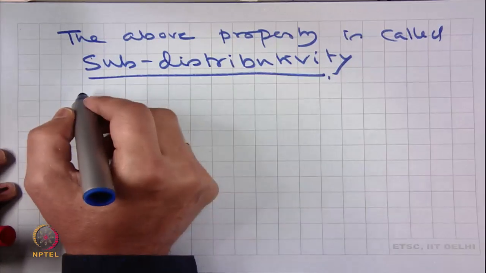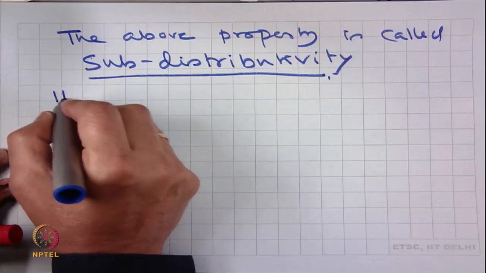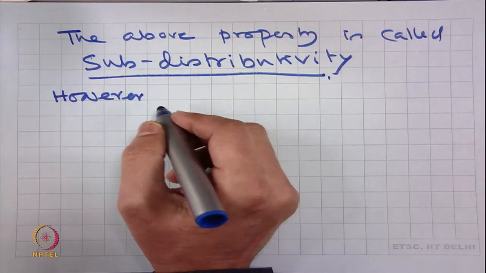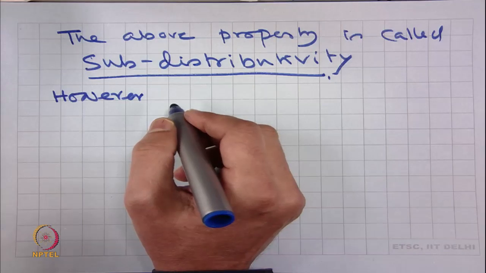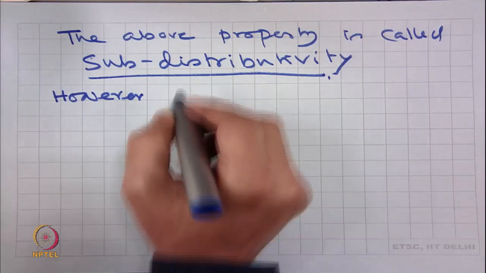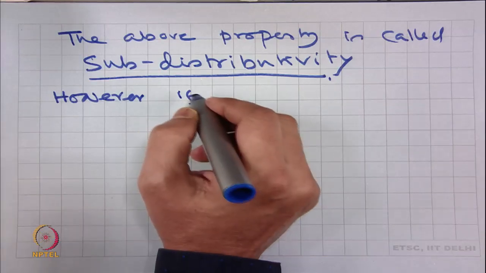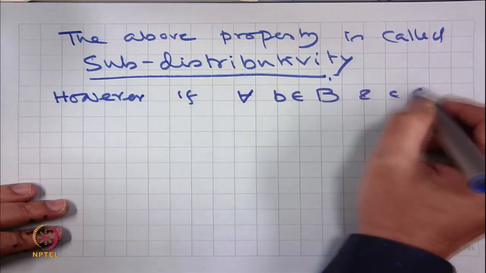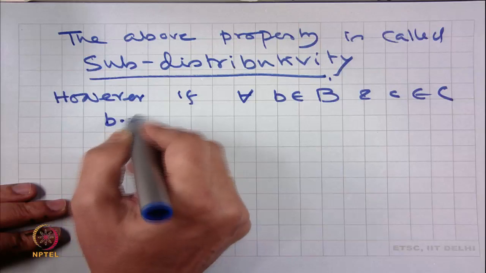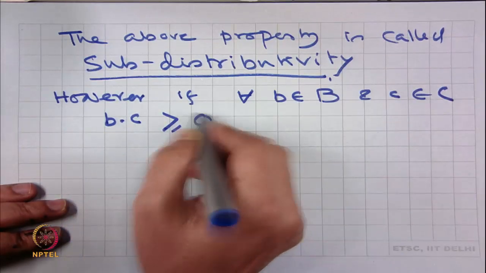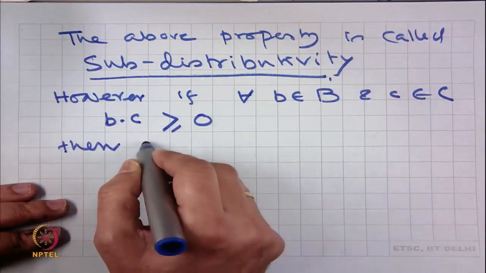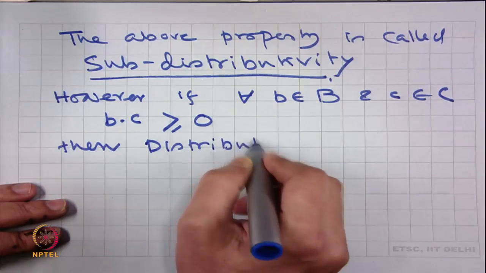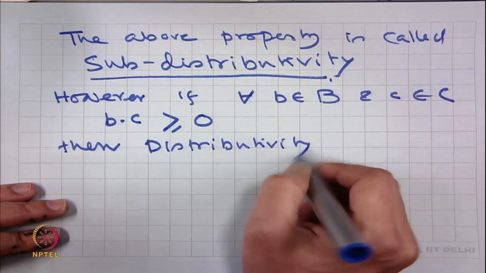However, if for all b belonging to B and c belonging to C, b dot c is greater than or equal to 0, then distributivity follows.